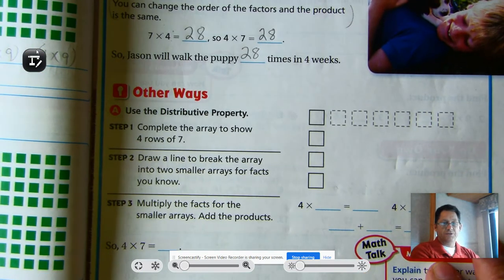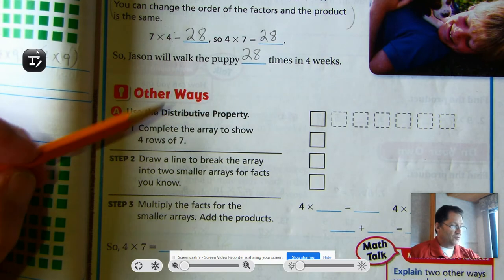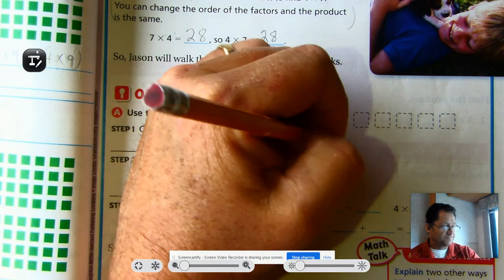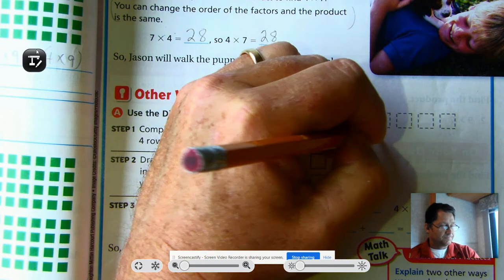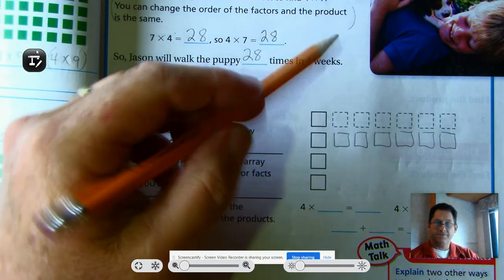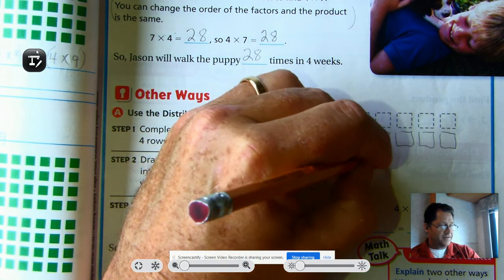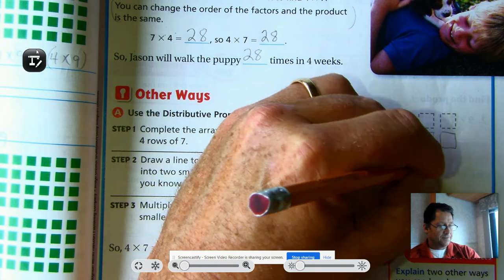Another way we could do it is use the distributive property, which we discussed yesterday, and complete the array to show 4 rows of 7. Okay, so continue to complete the array. We have 4 rows, and in each row we will have 7.